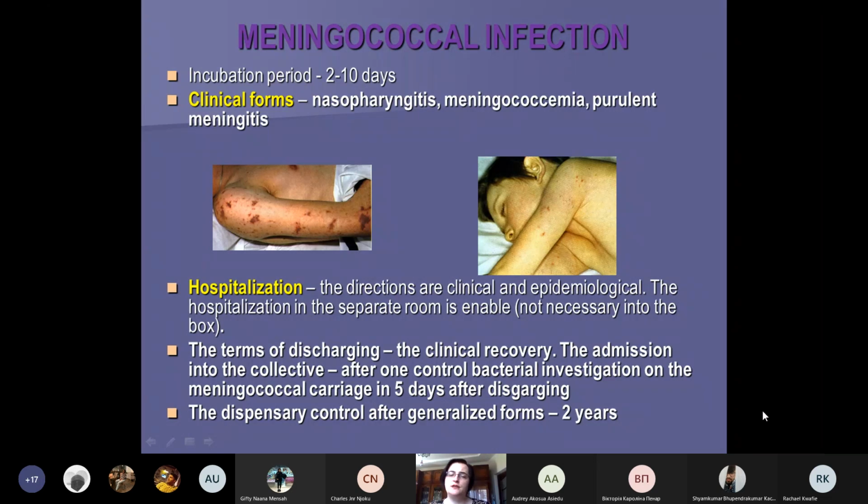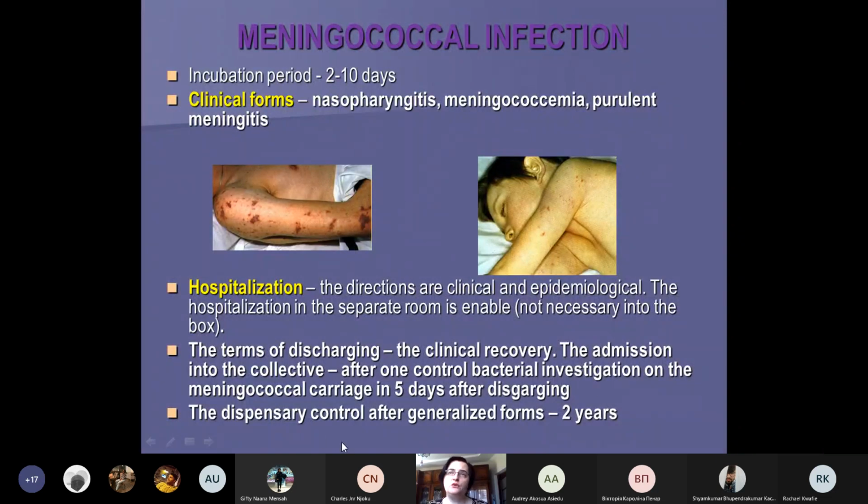Hospitalization, the directions are clinical and epidemiological. Hospitalization in a separate room is enabled. It's not necessary in a box. The time of discharge is clinical recovery, and admission into the collective after one control bacterial investigation on meningococcal carriage 5 days after discharge from the hospital.